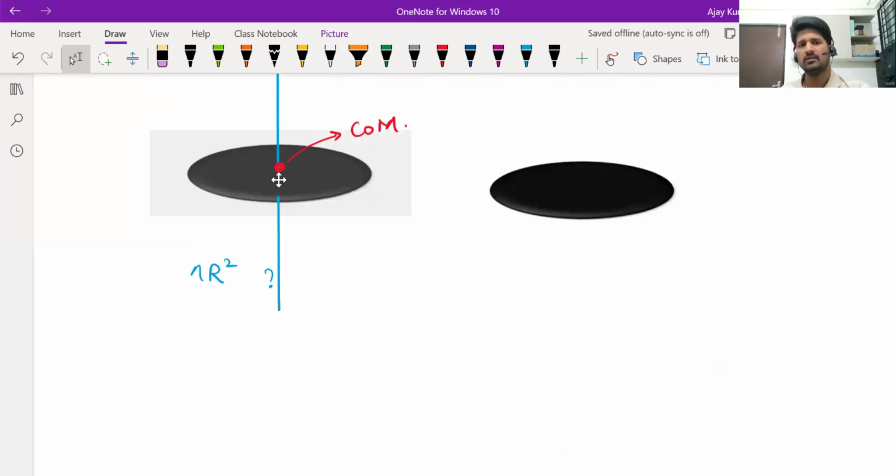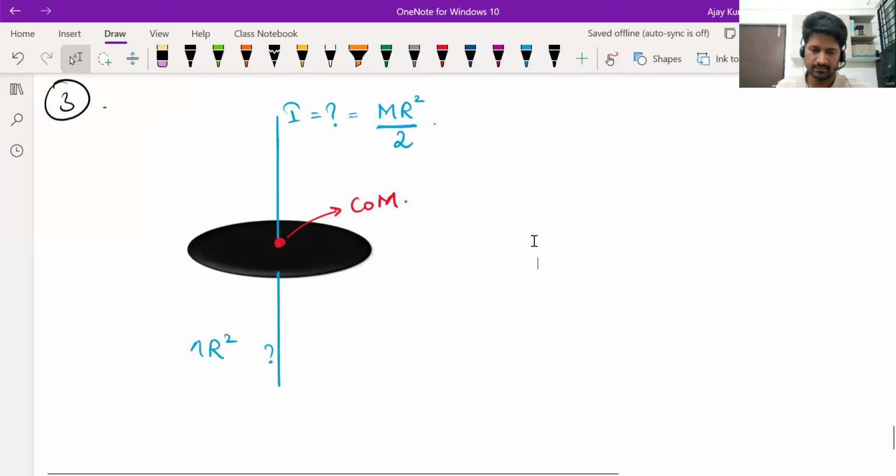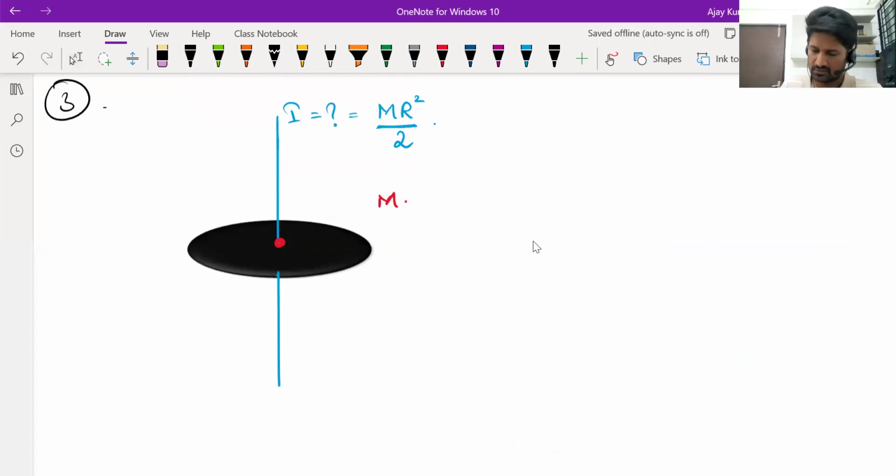Assume there is another axis. You know this is the center of mass and all. Let's say there's another axis somewhere here, at a distance, let's say, half the radius from the existing axis.